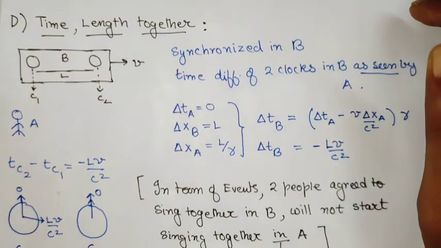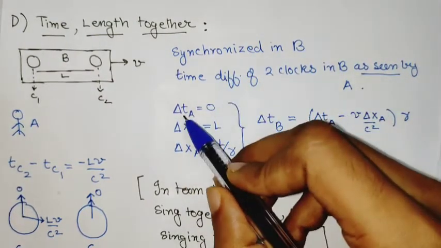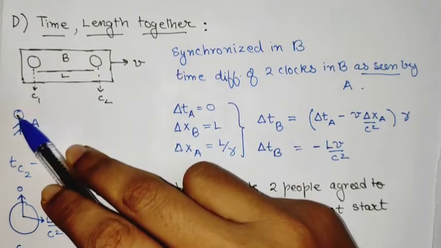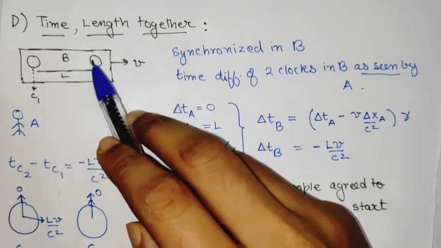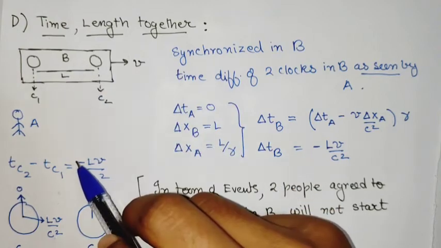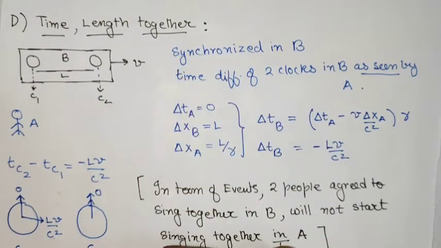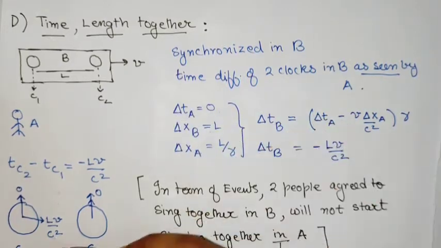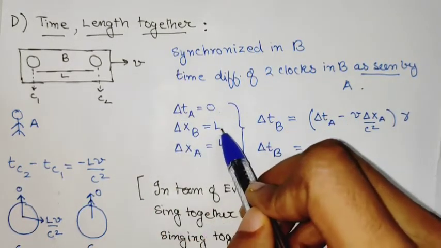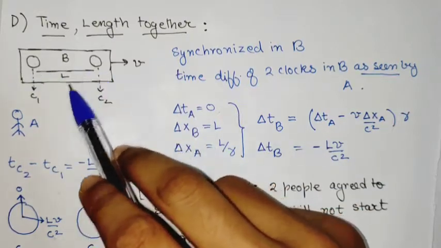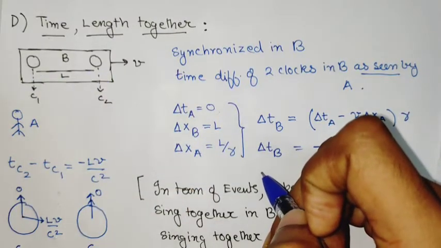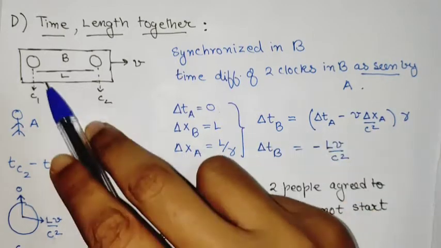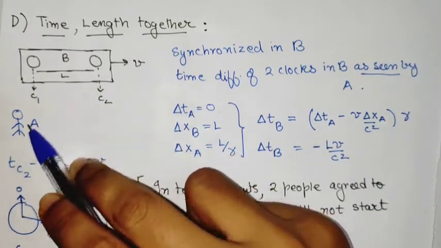A measures these two times together. It's like A opens his eyes and together he notes these two times because he wants to compare the time in B. So delta tA is 0. Delta xB is the length of separation of the clocks in the train, and delta xA is the length between the clocks that A measures.